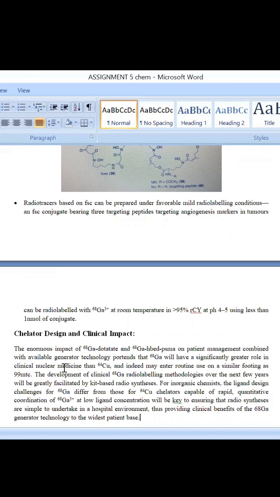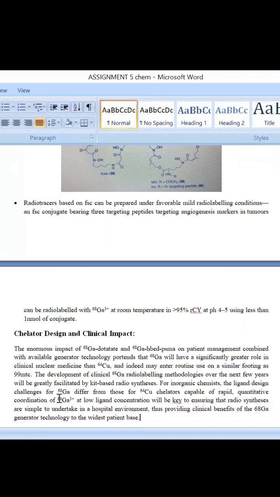The enormous impact of gallium-68 DOTATATE and gallium-68 HBED-CC PSMA on patient management, combined with available generator technology, portends that gallium will have a significantly greater role in clinical nuclear medicine than copper-64 and indeed may enter routine use on a similar footing as technetium-99m.